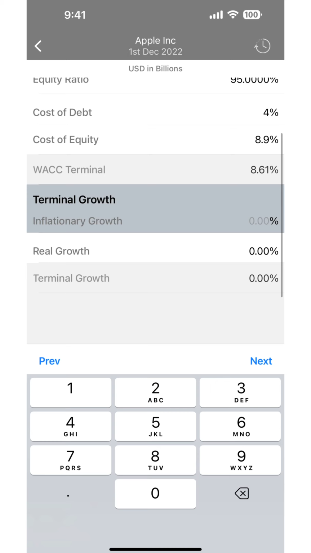Before you enter the terminal growth assumptions, you will need to be clear how you want the cash flows to grow. If you expect the cash flows to grow at terminal growth rate, then enter the inflationary growth and real growth assumptions. Or, if you want the cash flows to grow at expected inflation rate, then enter only the inflationary growth, then enter real growth assumptions as 0.